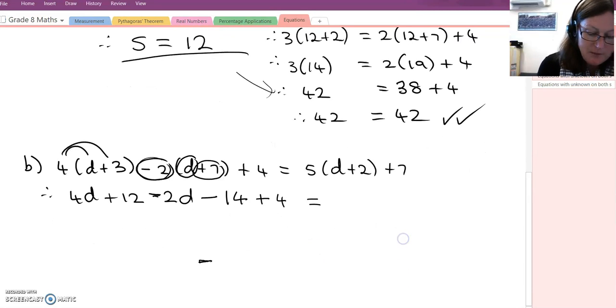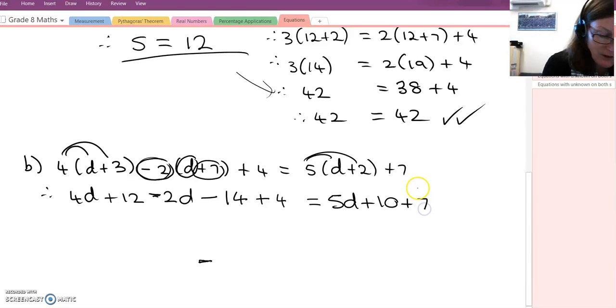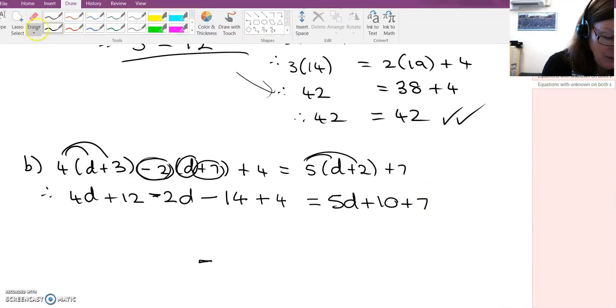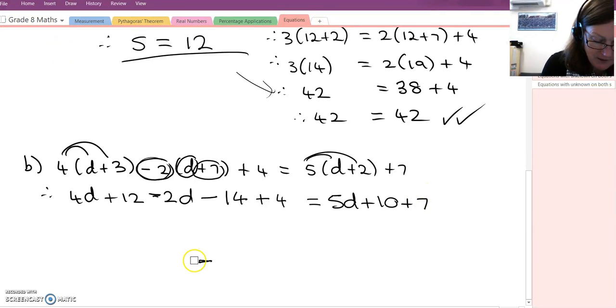Now expand the brackets on the right hand side. 5 times D is 5D, 5 times 2 is 10, and then I've got to add 7 on at the end there. So first step, I have expanded the brackets. Now, I'm going to combine the like terms on each side. So, let's highlight the like terms.